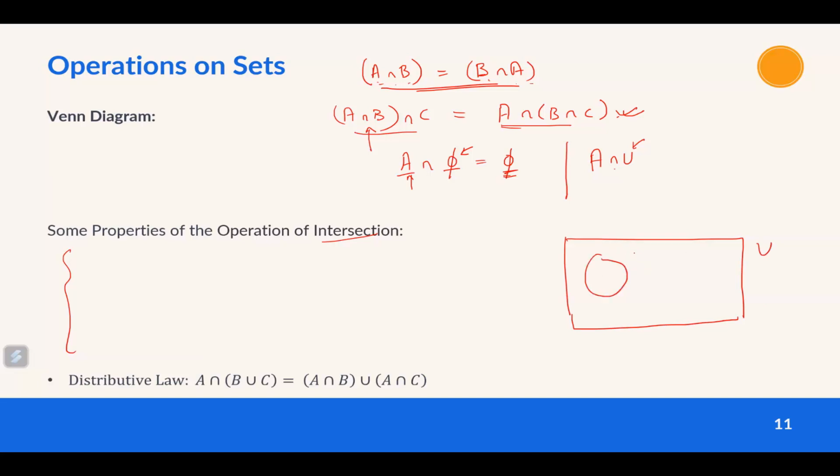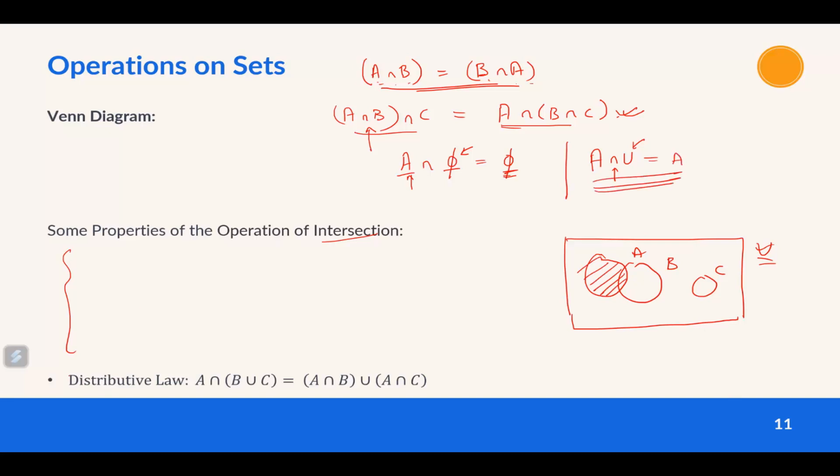So it contains the set A, the set B, the set C. All the sets which are there will be contained in this universal set. Now you are doing intersection. Intersection gives the elements which are common to both set A and the universal set. So this whole set A will be the intersection. So if you do this intersection, you will get the set A.